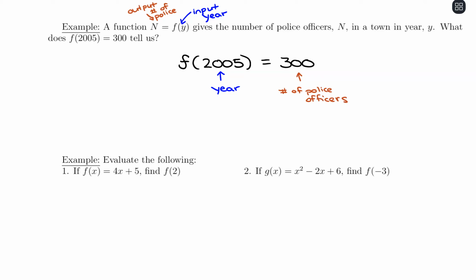And really that letter f doesn't matter. I mean, it does matter in the sense that it's matching there. If somehow that changed, then we would be working with a function that we didn't understand. But because we're matching this notation and using that function f, that's how we know input is year, output is the number of police officers. So what this tells me is that in 2005, there were 300 police officers in this town.